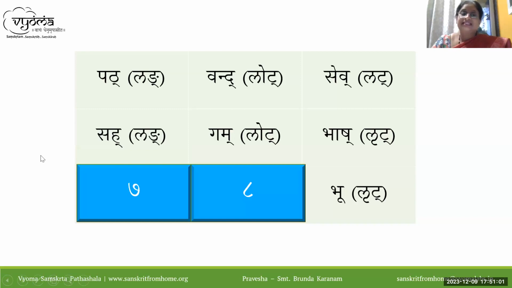Saha dhatu lang lakara rupani vadat. First of all, is it parasmay or atmane? Sahati. It is a parasmay. No, it's sahate. Always it is atmane. Atmane. What is the meaning of lang?